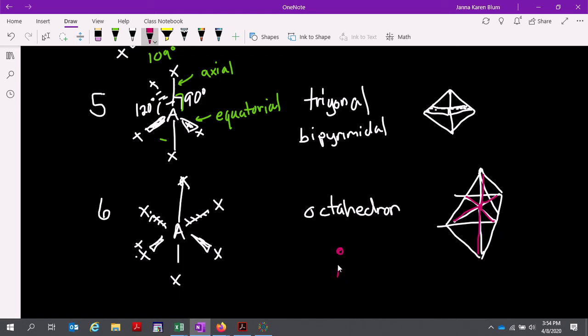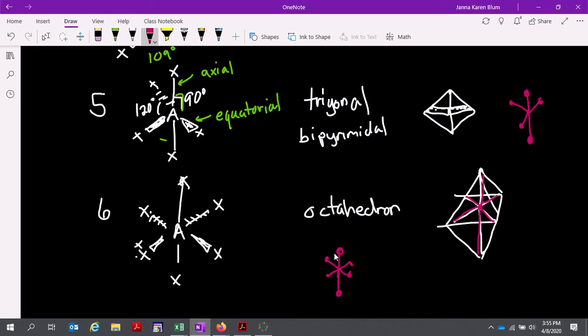As opposed to the trigonal bipyramidal, which is similar. It's got the one coming up and coming down, but we only have 3 little pieces coming out of it. Like so. So that's the difference between the trigonal bipyramidal and the octahedron.